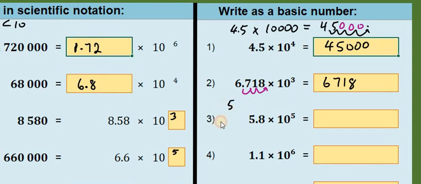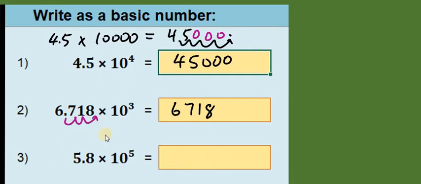5.8. Alright, so we're converting this one into standard form. 5.8 times 10 to the fifth, and that's going to be 5.8 times 100,000. And again, we're going to shift the point the same number of places that we're seeing as the power.